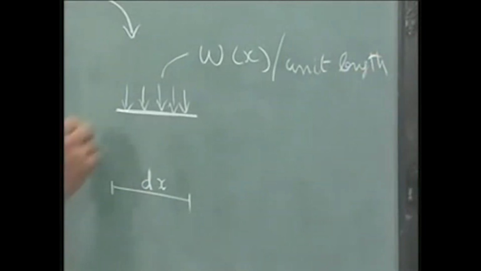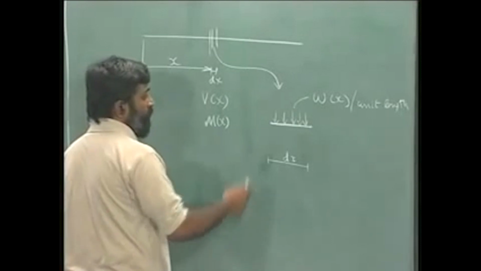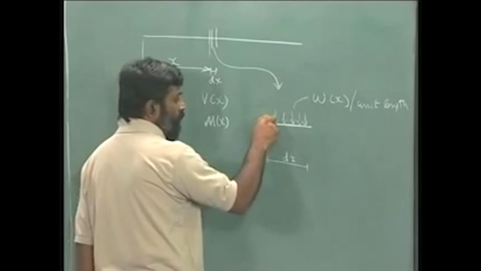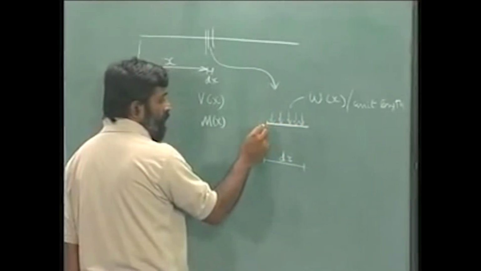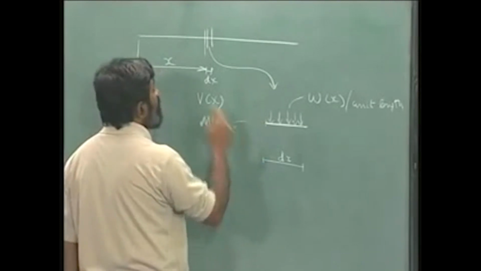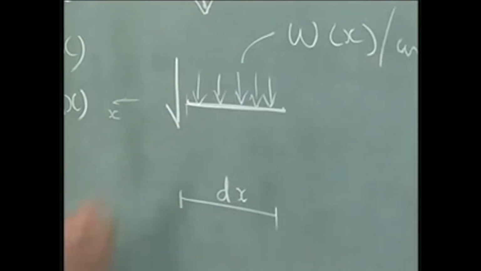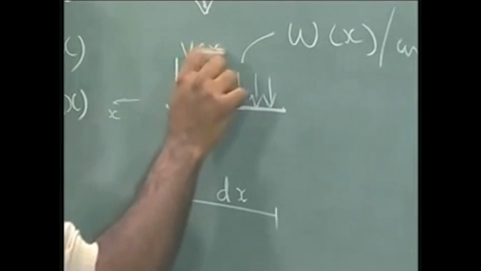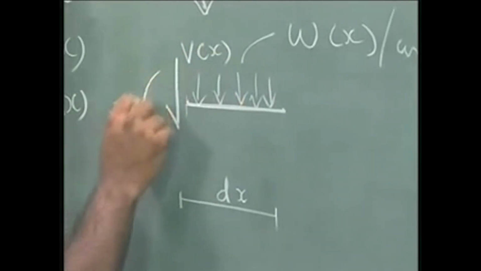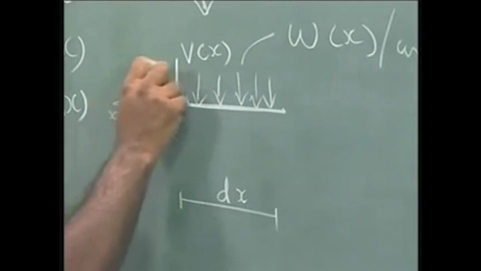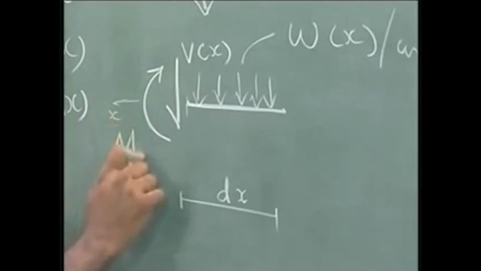This is the external force that is acting transverse in direction. Now, let us draw the bending moment. This has a negative sense like this, and therefore, this is the positive sense of shear force V at x, and bending moment will be like this, which is M at x.